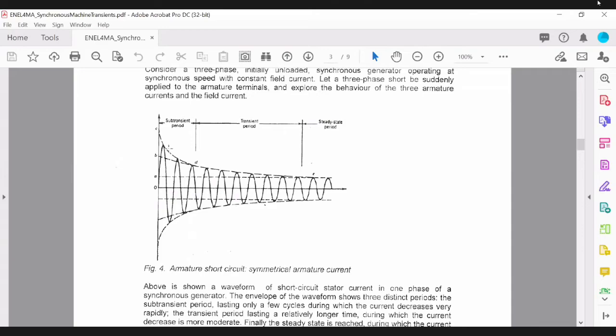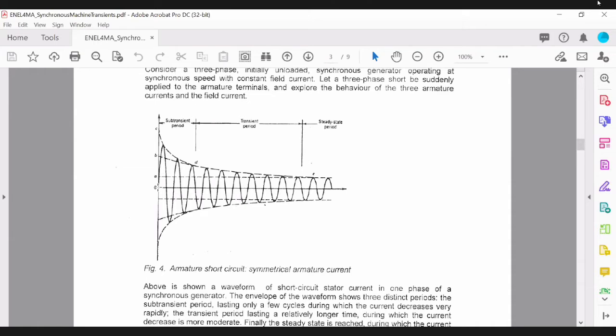This response of the armature current with respect to time following a short circuit fault is a very special case.